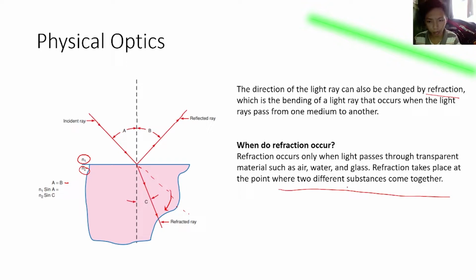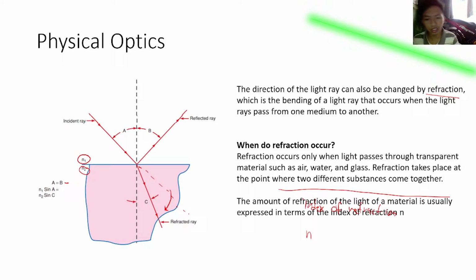So refraction will only occur due to the different substances that come together, or more specifically, if there is a difference in index of refraction, also called N. Okay. So the amount of refraction of the light in a material is usually expressed in terms of index of refraction. Okay. Since different materials have different indices of refraction.